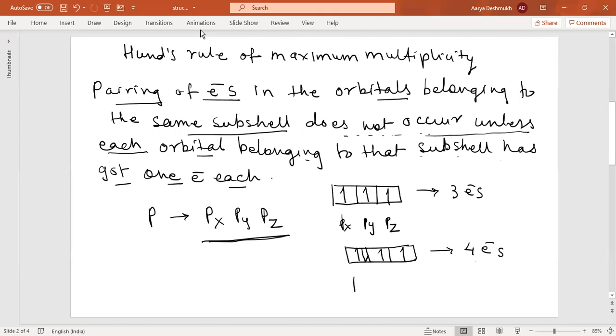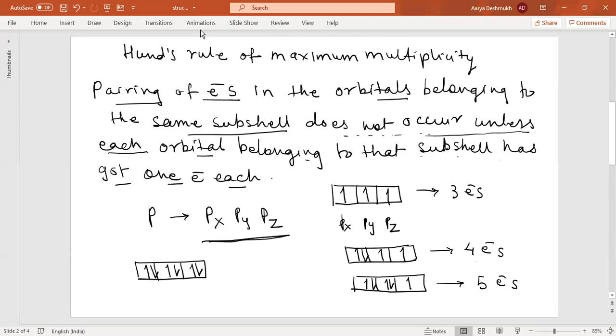Now if there are 5 electrons, this is the first, second, third electron, then the pairing starts, fourth and the fifth one. If there are 6 electrons in an atom, those can be accommodated this way: 1, 2, 3, and then the fourth, fifth, and the sixth.